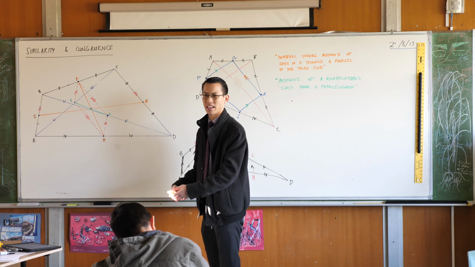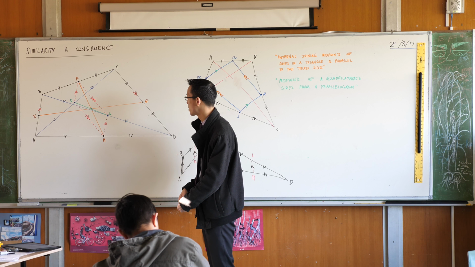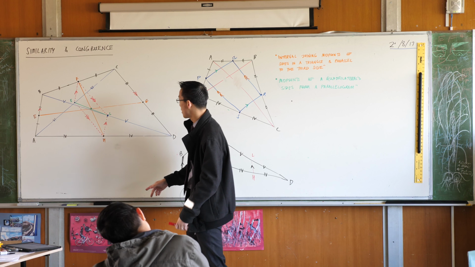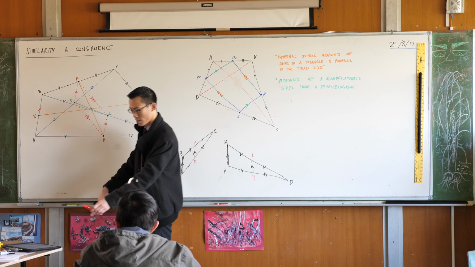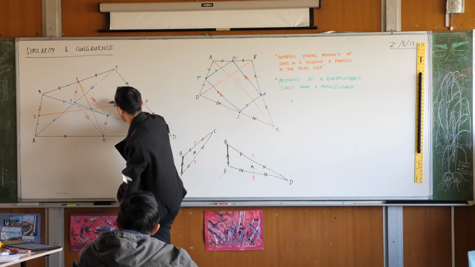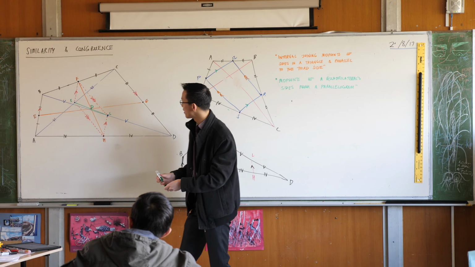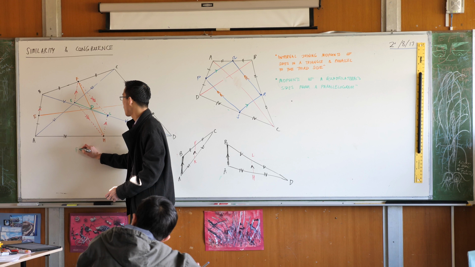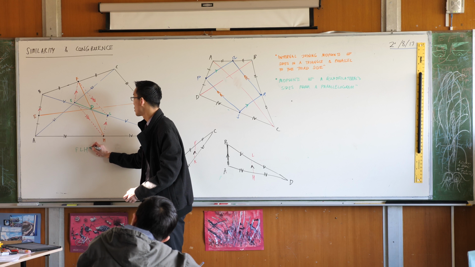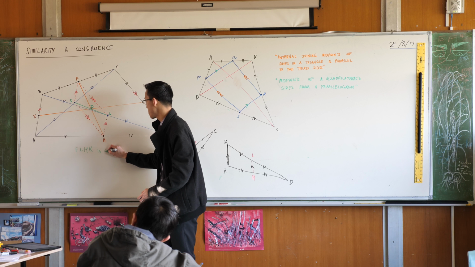This is a property we learned like a couple of years ago under quadrilaterals. Okay? So this tells us, number one, that F, let's give this guy in the middle a name. Let's call him O because he's right there in the middle. Okay? This tells us that firstly, F, L, H, K is a parallelogram.